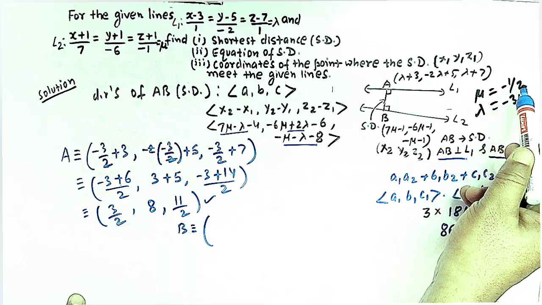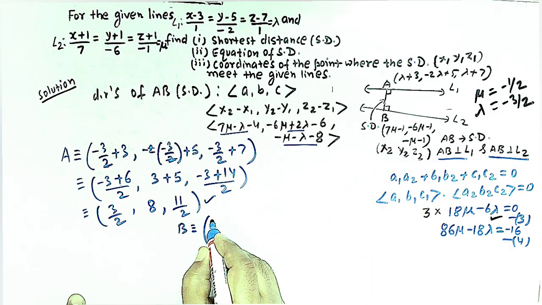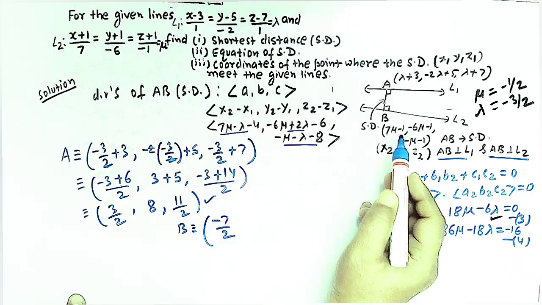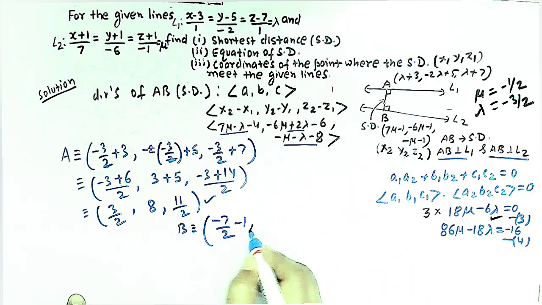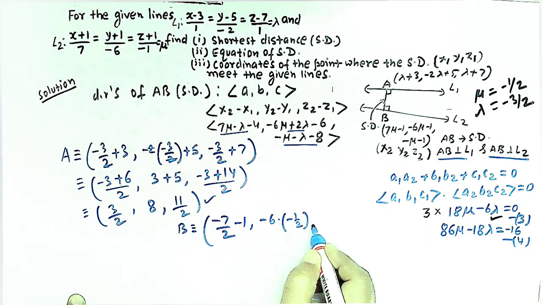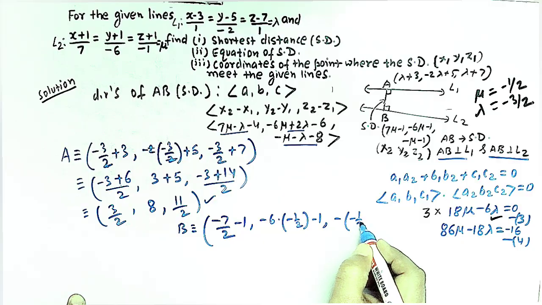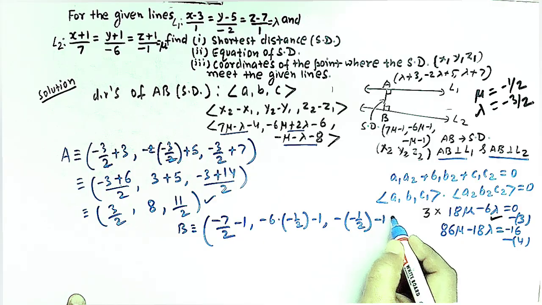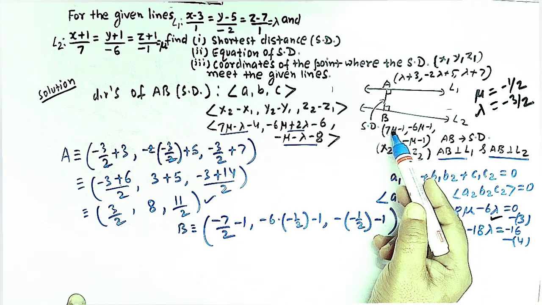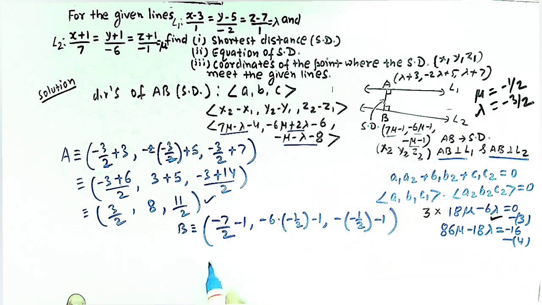And to get the coordinates of the point B, let us take mu is equal to minus half in this coordinate. So we have minus 7 over 2, then we have minus 1, then we have minus 6 times minus half minus 1, then we have minus half, and then we have minus 1. So taking mu is equal to minus half in this coordinate, we have now here minus 7 minus 2 over 2.